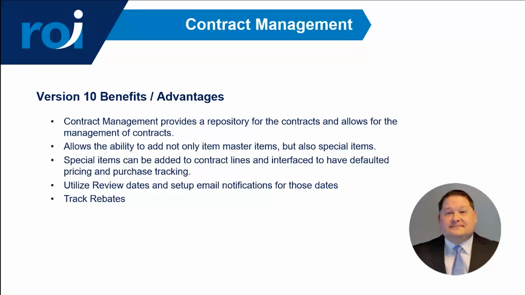And then you can really track all that information for sales and usage and say, you know what, maybe I need to have that item master item created. So utilizing those special items is one of the largest things, because in version 10, if you want to have that agreement, it has to have that item master item built.